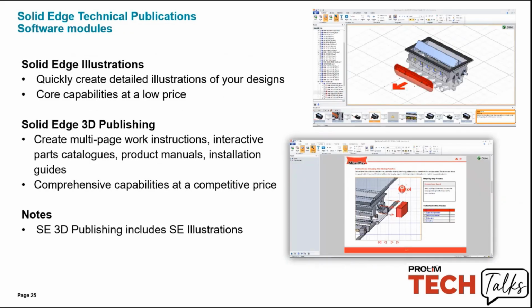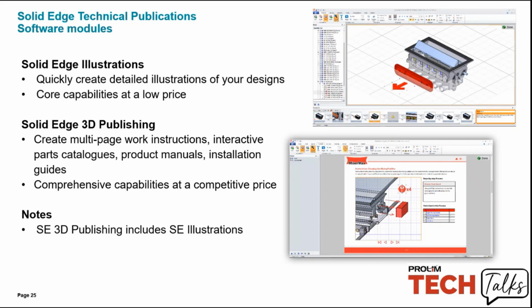So the Solid Edge portfolio offers two modules, one with a good level of capability at a very attractive price, and one with more comprehensive capabilities for creating those multi-page publications. So the first one is the Solid Edge Illustrator. This just allows you to quickly create detailed instructions for your designs, pretty much page by page.